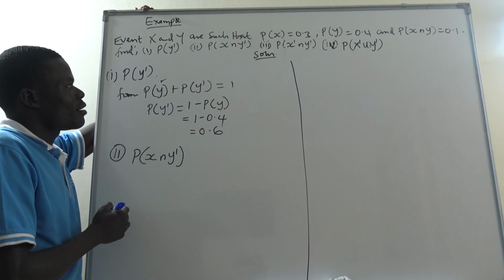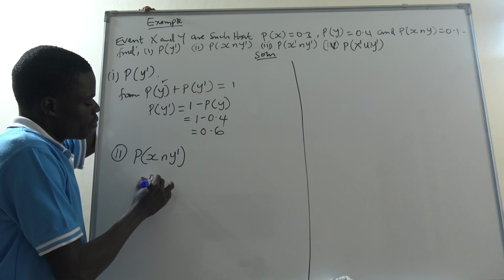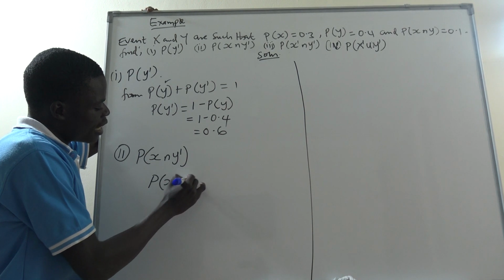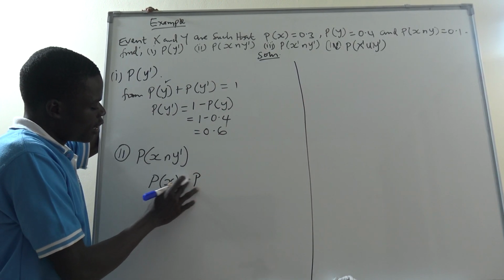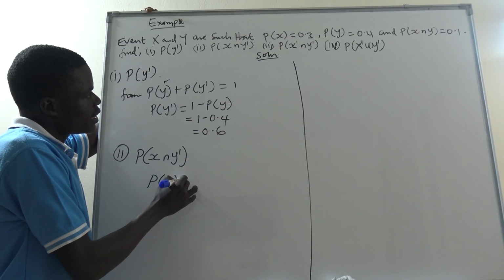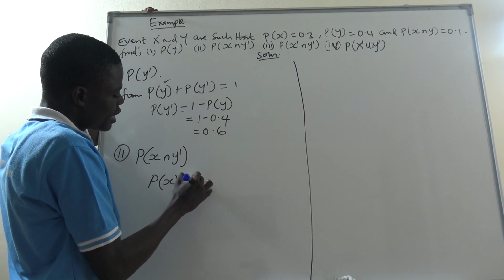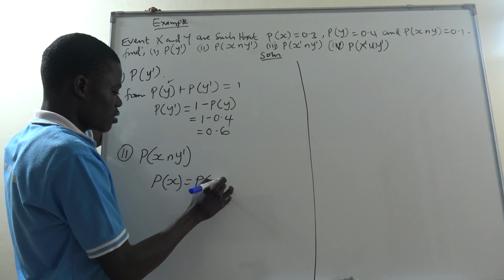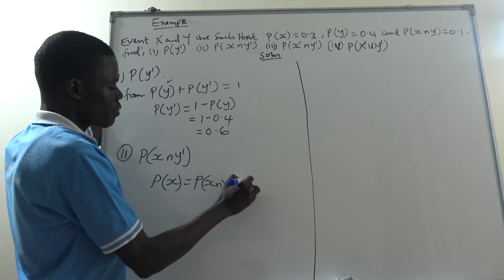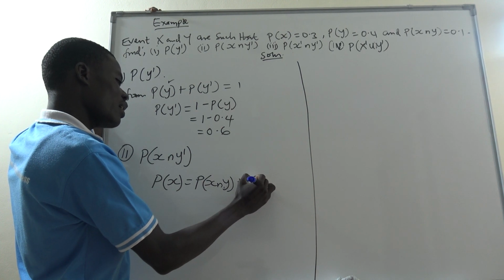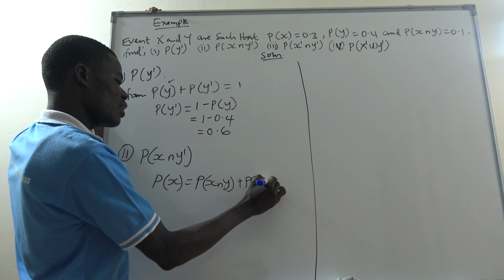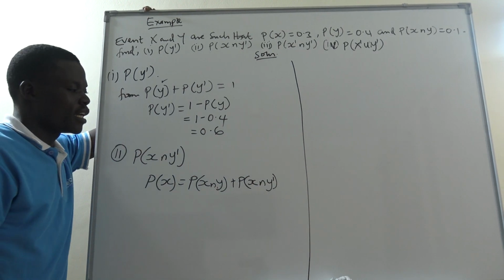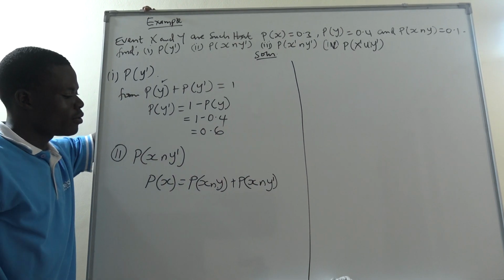From our Venn diagram we saw that the probability of X is given by the probability of X intersection Y plus the probability of X intersection Y when Y is complement.